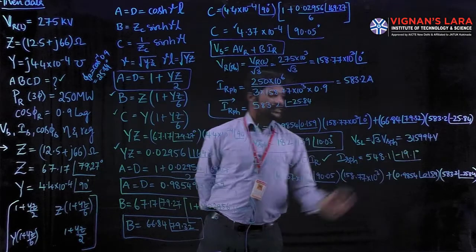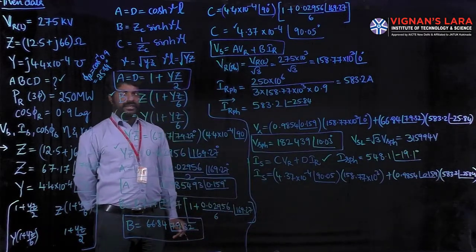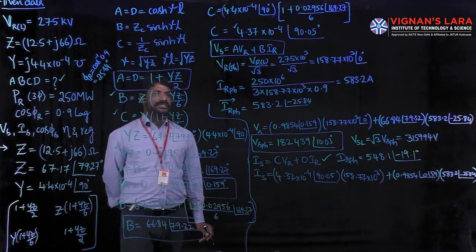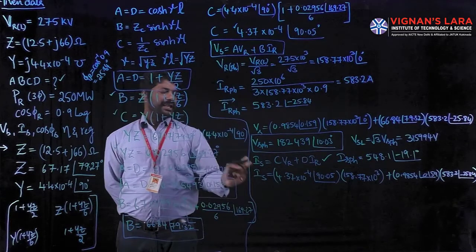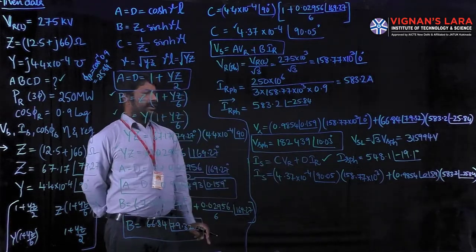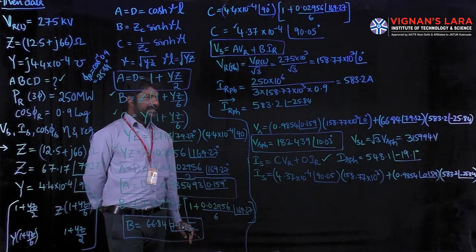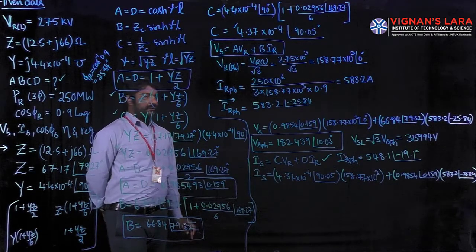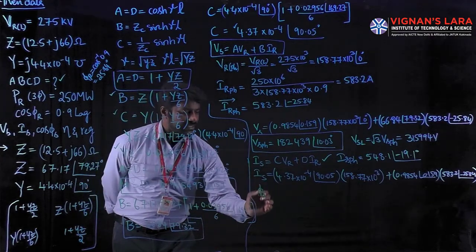This is VS. Very important. So finally, what I am using here, the equations, very well known equations. VS is equal to AVR plus BIR and IS is equal to CVR plus DIR. Right now, with us we are having the sending end quantities called voltage and current, where we have to get from this voltage and current phase angle.